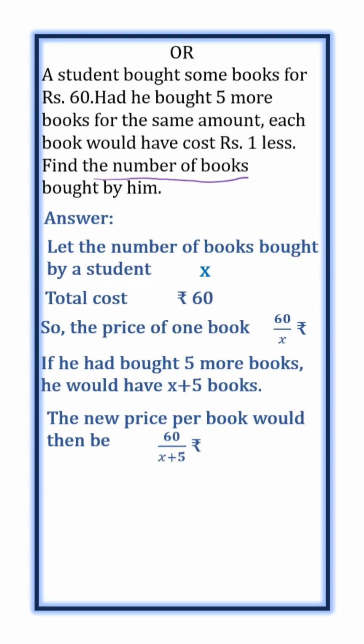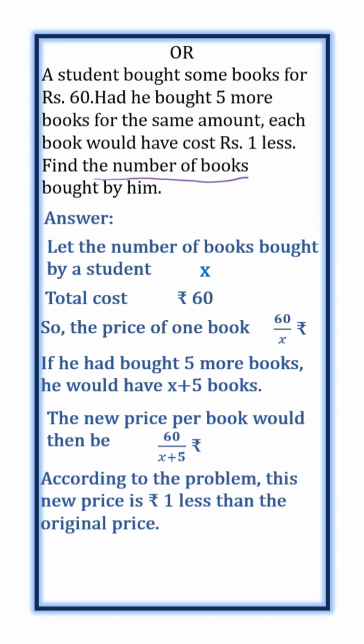According to the given problem, this new price is 1 rupee less than the original price. This cost is more than this cost, so 60 by x minus 60 by x plus 5 is equal to 1.